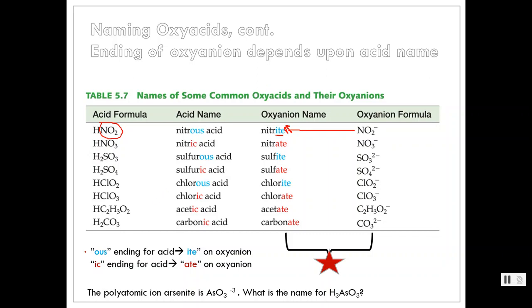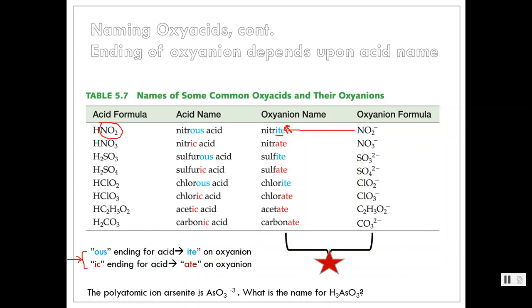You should know them, you should know this rule, and you should also be able to apply this rule for naming oxyacids, even if I was to give you the name of a polyatomic anion that you hadn't seen before. So for example, arsenite. That's not one you had to memorize, and I would not expect you to.